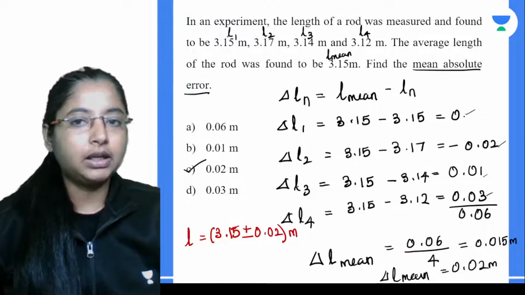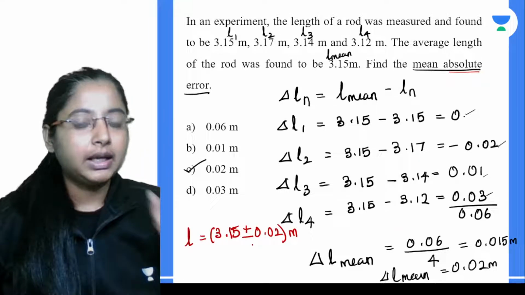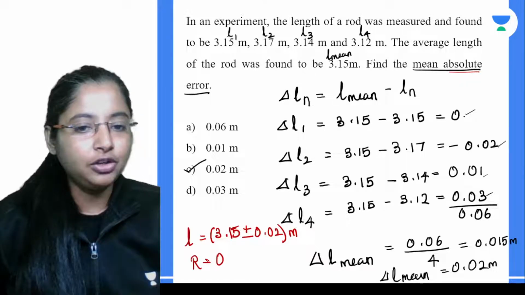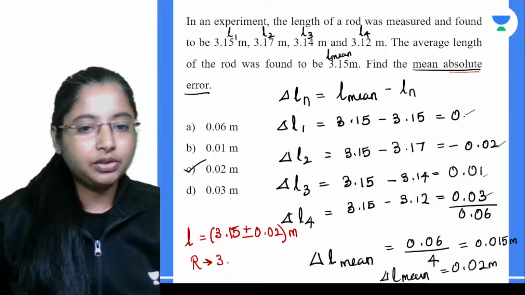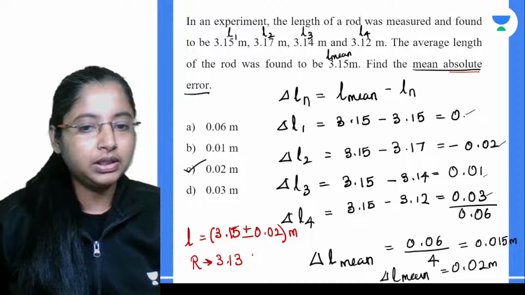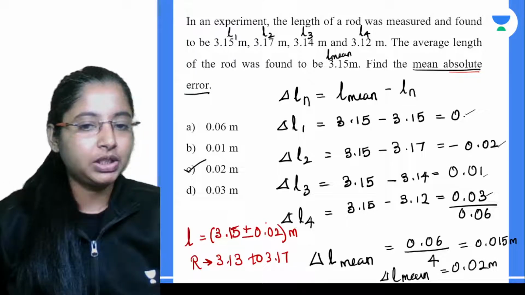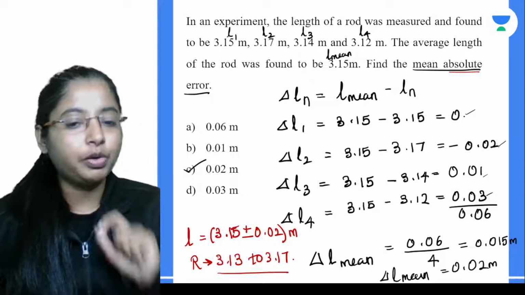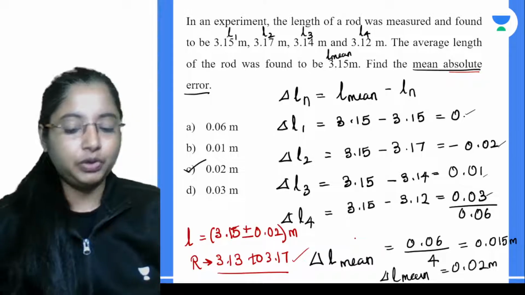What it means is the length of the rod is within the range 3.13 meters to 3.17 meters. You take away 0.02 from this and add 0.02 to this. It could be 3.13, 3.14, or it could be 3.17. This gives you your absolute error.